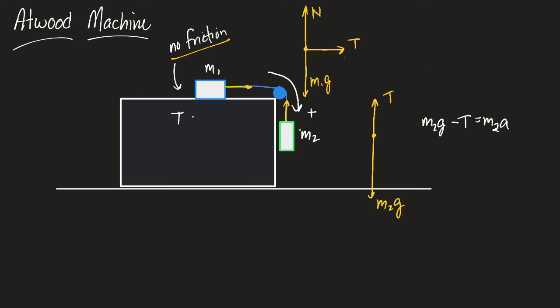So then tension equals M1a. Good there? If not, I'll explain it. Just looking at this picture, there's one unbalanced force to the right that accelerates M1. And looking at this picture, two forces, they're unbalanced, that accelerates M2.